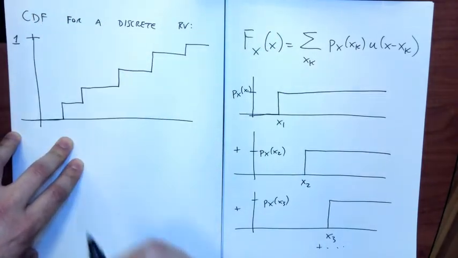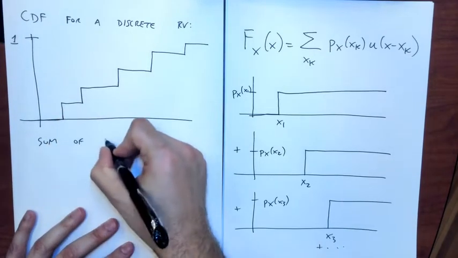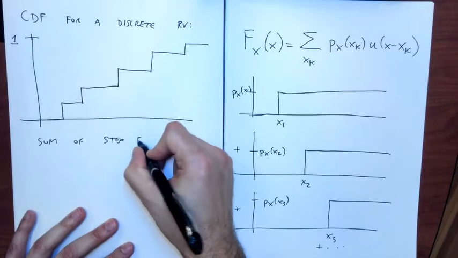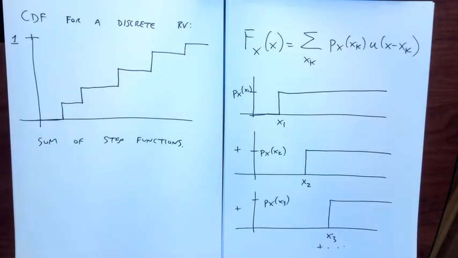It's basically going to be a sum of step functions. So questions or comments about this?